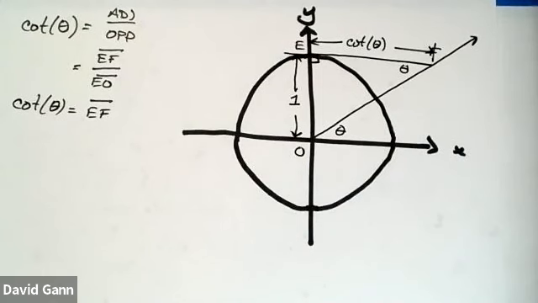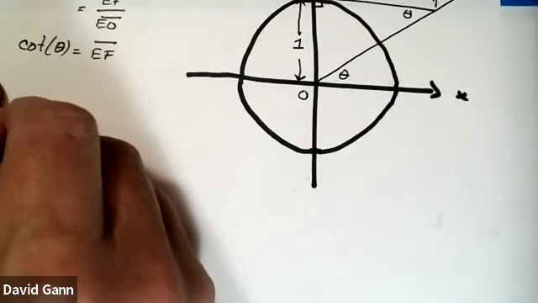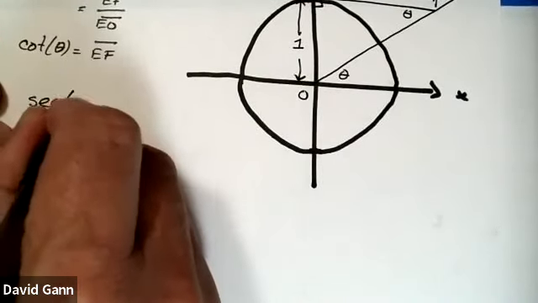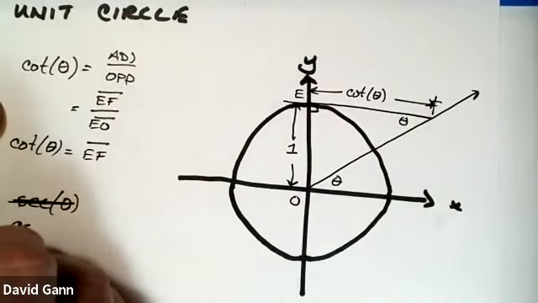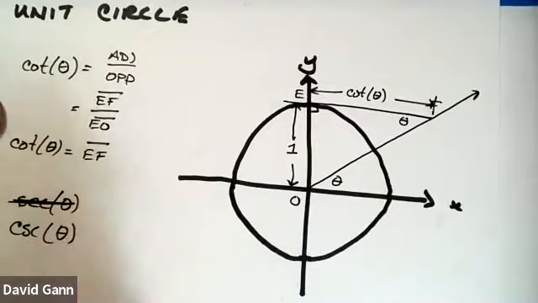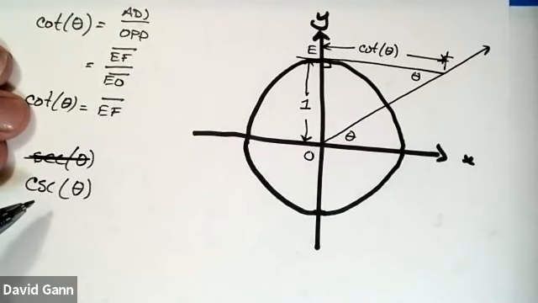cosecant is going to be related to this triangle again, as secant was in the previous example. So looking again at that same triangle, cosecant. Recall that cosecant is the reciprocal of sine, so it is the hypotenuse over the opposite.